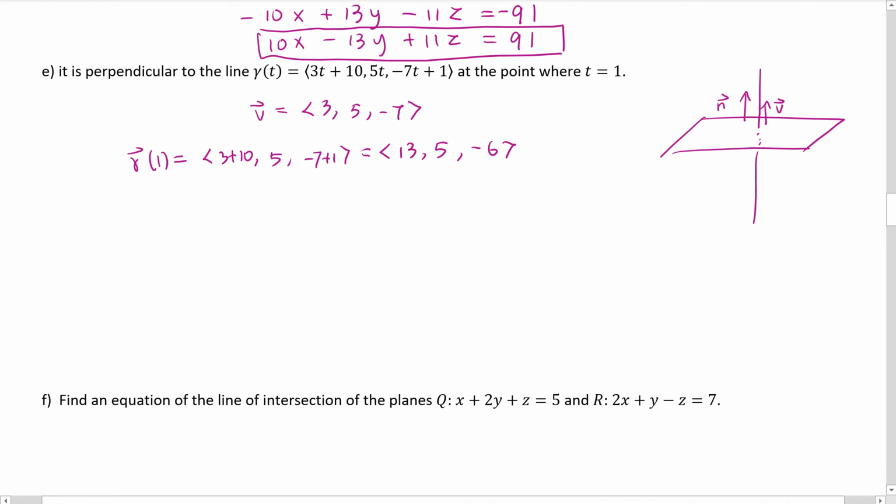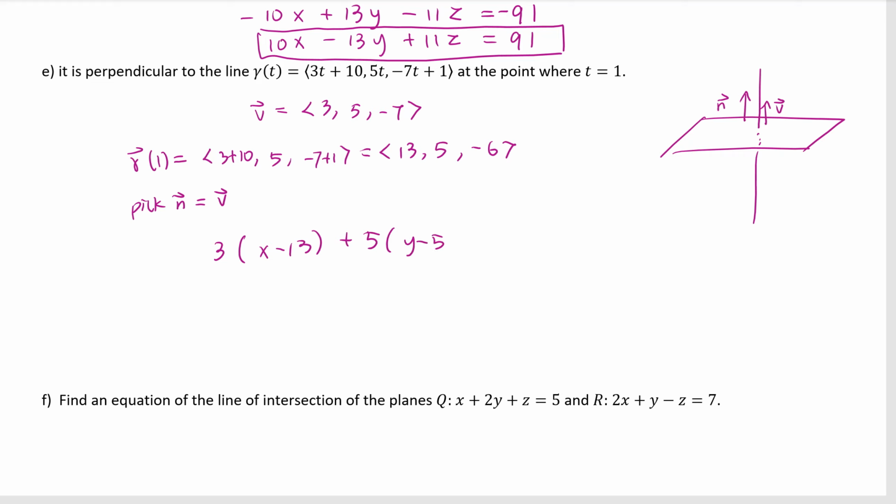We can pick the normal vector n equals v. Then we also have the point on the plane, which is gamma of 1. So the plane equation is 3 times x minus 13, plus 5 times y minus 5, minus 7 times z minus negative 6. So z plus 6.